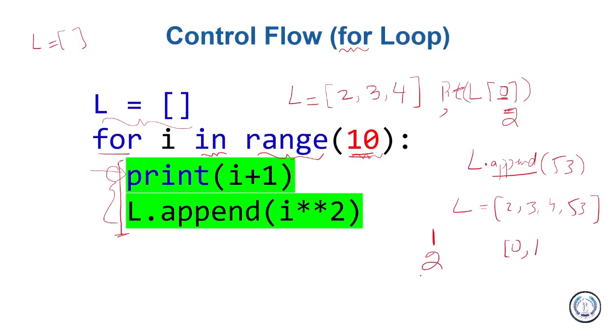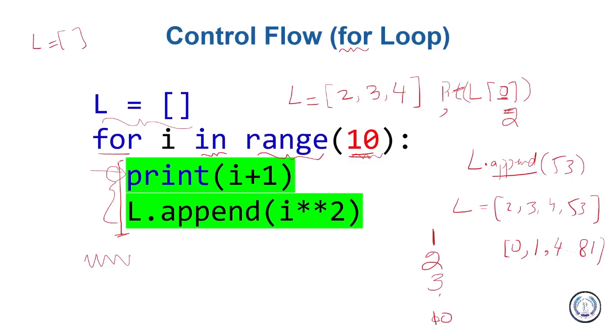Next time i will be 2, we will print 3 and we will have the square of 2, which is 4, and so on till 10. When i is 9, we will print 10, and in this list we will have 9 squared, which is 81. After that the loop finishes and we are out of this loop.